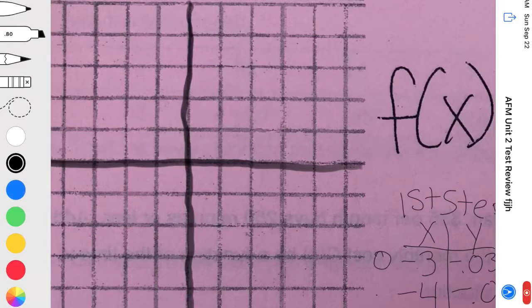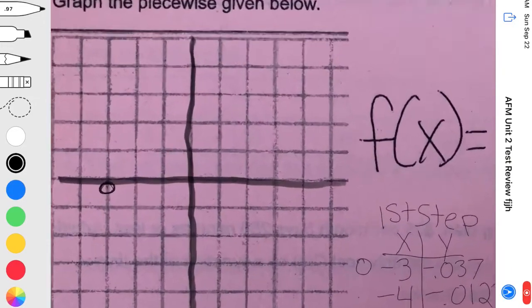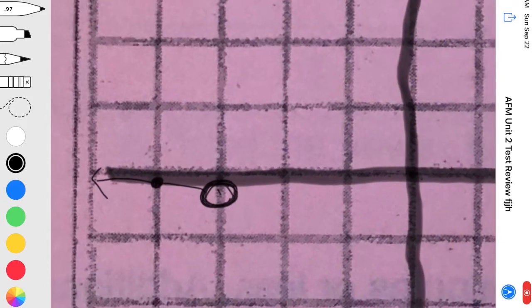And we're plotting -3, 1, 2, 3. It's going to be right underneath it, and this is going to be an open circle. Then our next one is -4, -0.0123. So right over a little bit. And we're going to go over. So this would be our graph for step 1.